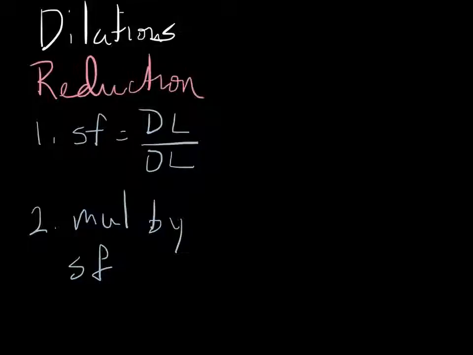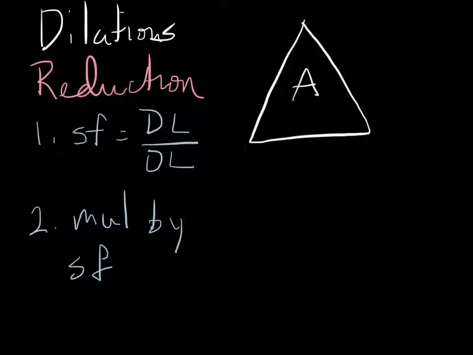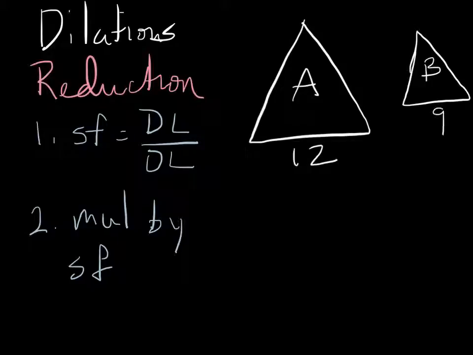Sometimes dilations are reductions. So for example, if you had a large triangle, A, and you were reducing it to a triangle B, a similar triangle B, and it had the lengths of 12 to 9, and it had a side length of 15, and you wanted to know what this side length was, then that is a reduction.